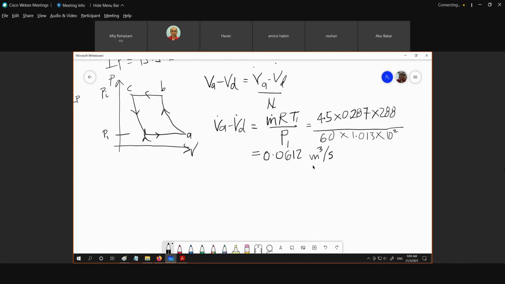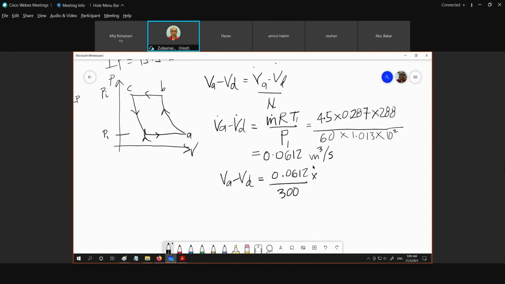Okay. From here you will get VA minus VD. 0.0612 divided by N. N adalah 300. Tapi N ni 300 per minit. So kalikan dengan, sini buat. Sini bagi 60 kan? Betul tak?